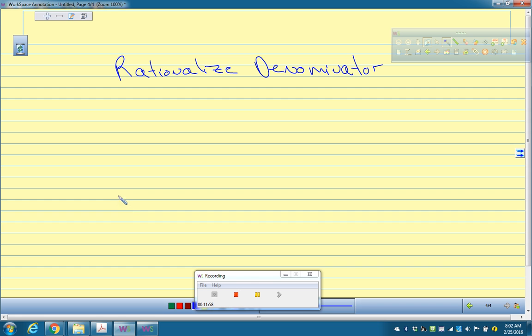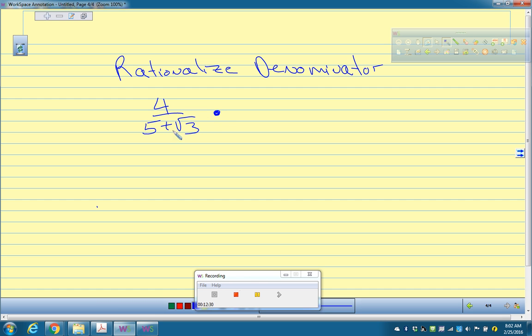But if you see something like 4 over 5 plus square root of 3, the way you rationalize the denominator is by multiplying by the conjugate of the bottom, on the top and the bottom, because basically I'm just multiplying by 1.